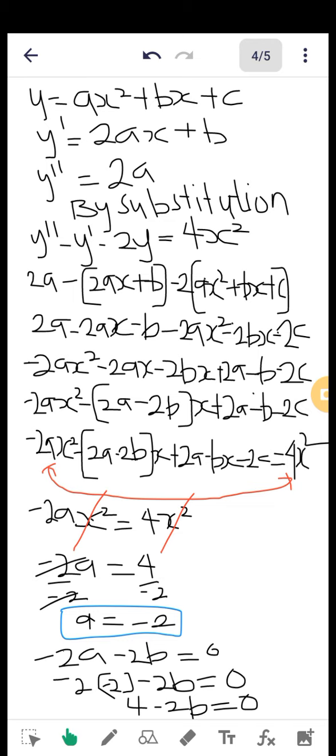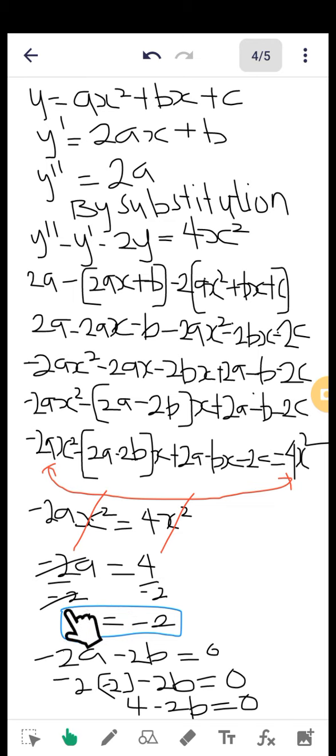After that, we compare my values of the left hand side to the right hand side for x squared. Here we had minus 2ax squared, and when you compare it to 4x squared, we get minus 2ax squared equals 4x squared. So my x squared is going to cancel x squared.